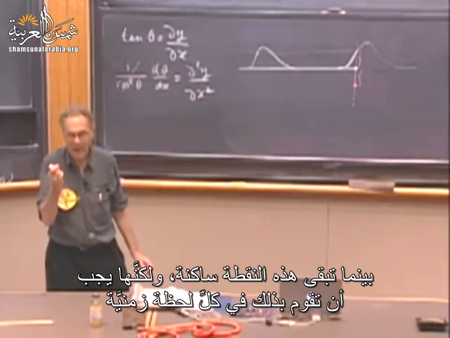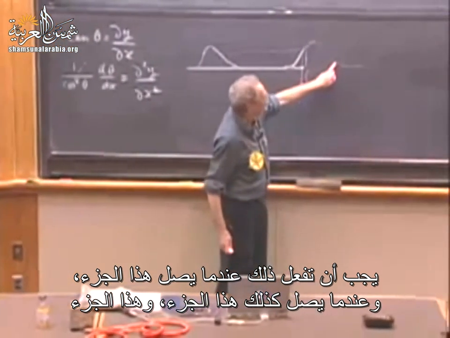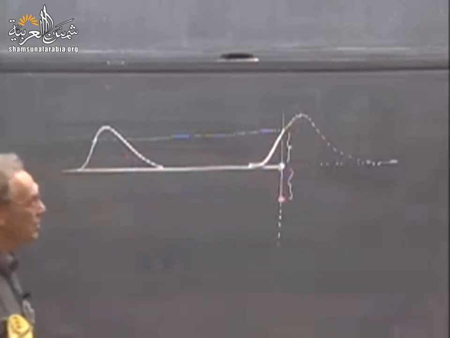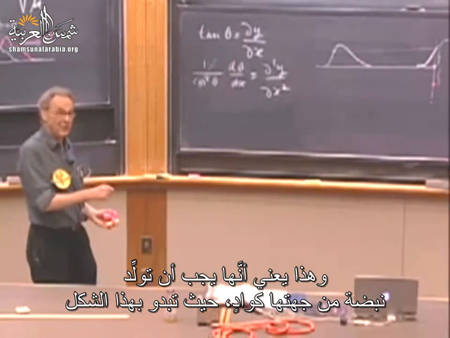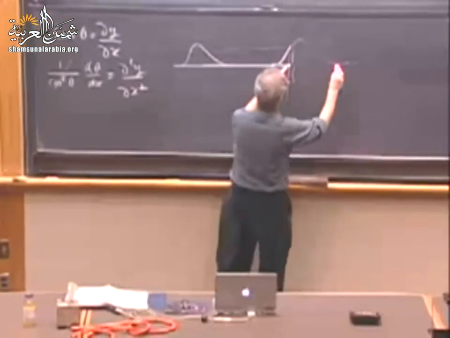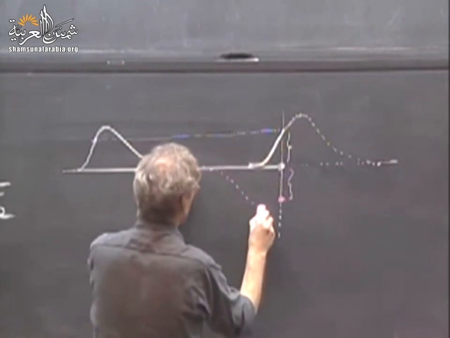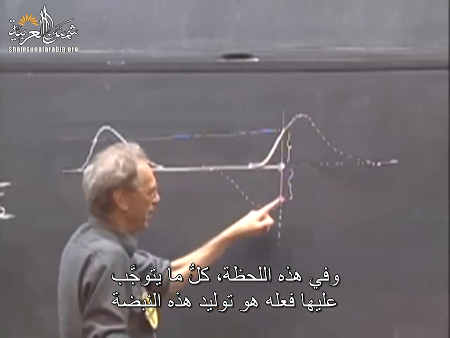But she must have done that at every moment in time. She must have done that when this part arrived, when this part arrived, when that part arrived. So that means she must have generated a pulse on her side that is a valley that now looks like this. So this part is here. And at this moment in time, all she has to do is generate this pulse.